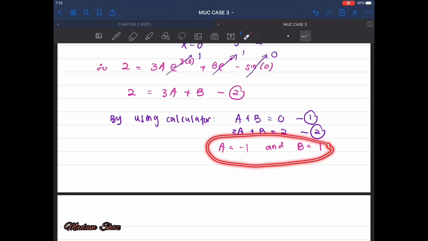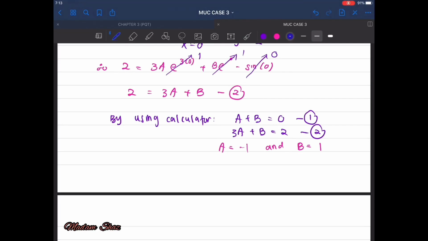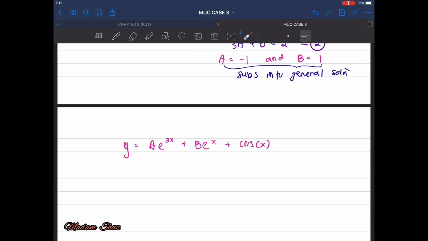So what should we do with the constants A and B? You have to substitute back into our general solution. So this is our general solution. You have A exponent 3x. So A will become -1, B will become +1.